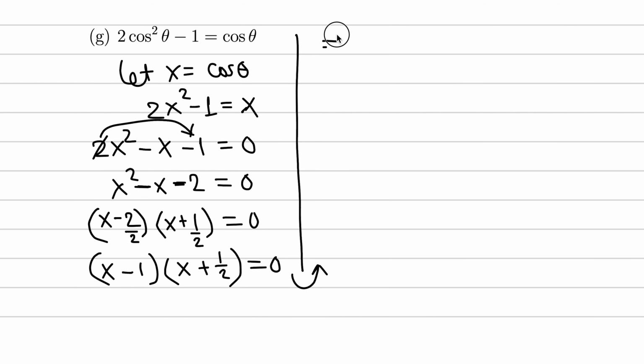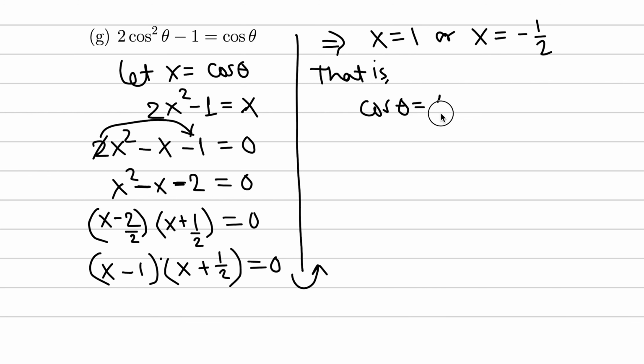That implies x minus 1 equals 0 or x plus 1/2 equals 0. X minus 1 equals 0 means x equals 1. X plus 1/2 equals 0 means x equals negative 1/2. X is cosine theta, so cosine theta is 1 or cosine theta is negative 1/2.